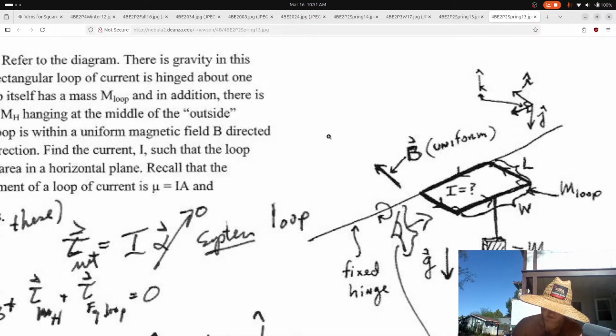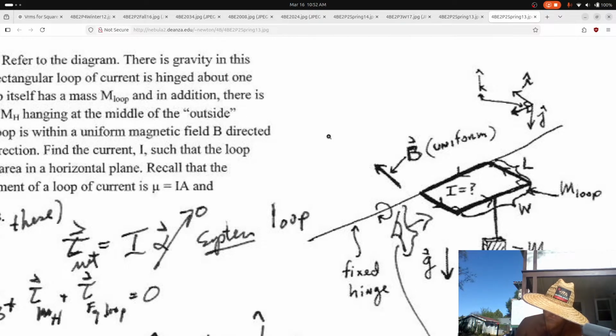So mu must be k hat, and it's going to be, so mu is equal to IA, which is equal to IWL, and then B, this is going to be k hat cross B I hat, so I J K. This is going to be 1.